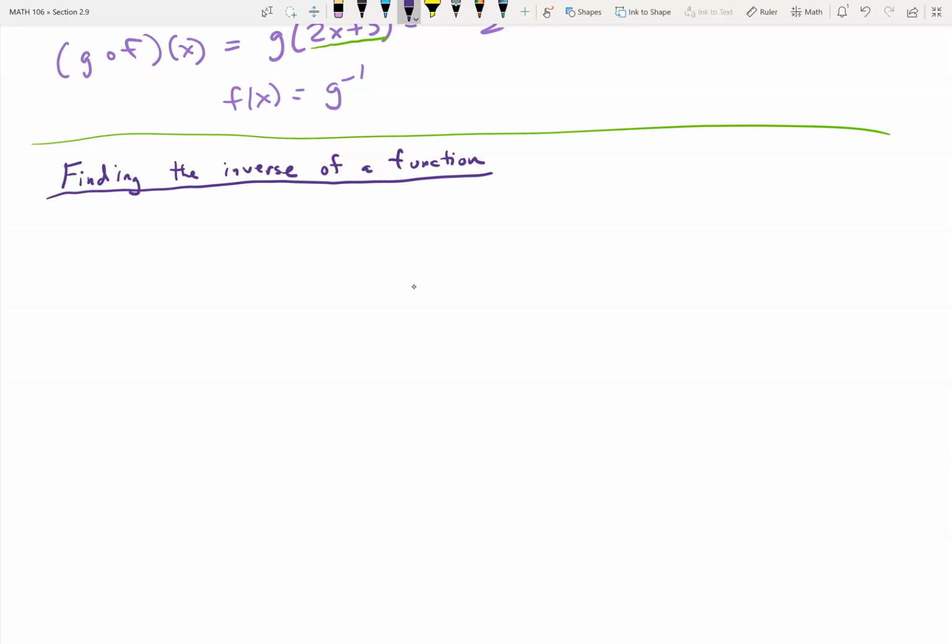Let's say you're given a function. And again, we're going to start with one that we know is one-to-one. So here's a function. f of x equals 6x minus 7. I'm going to call this step 1. f of x must be one-to-one. So in order for a function to have an inverse, it has to be one-to-one.